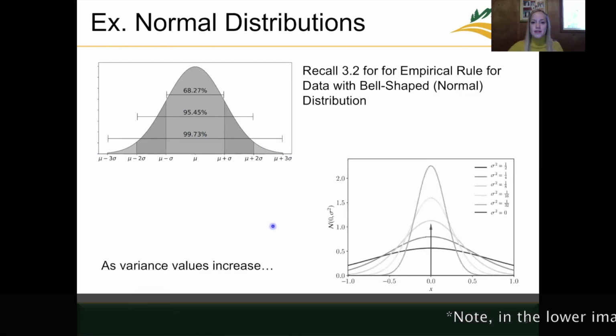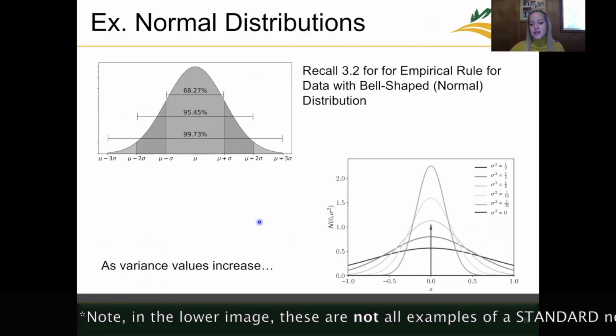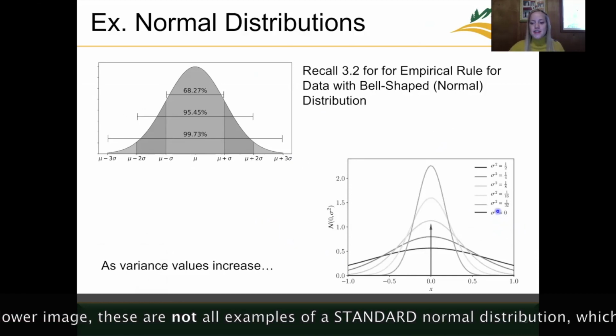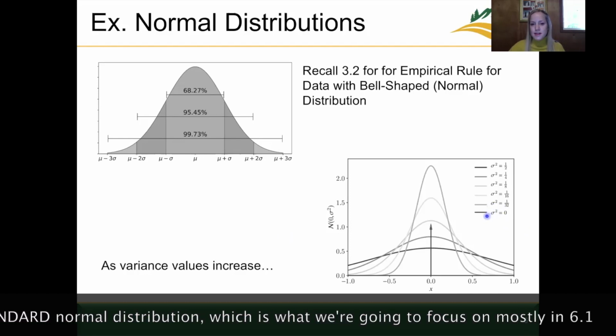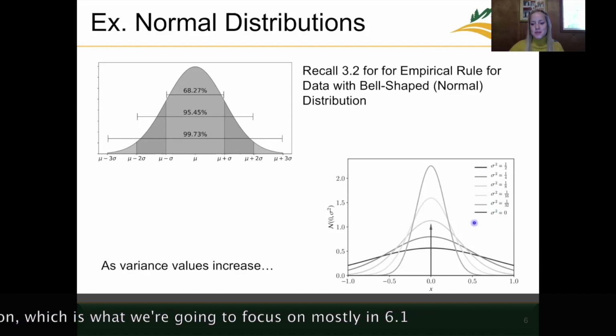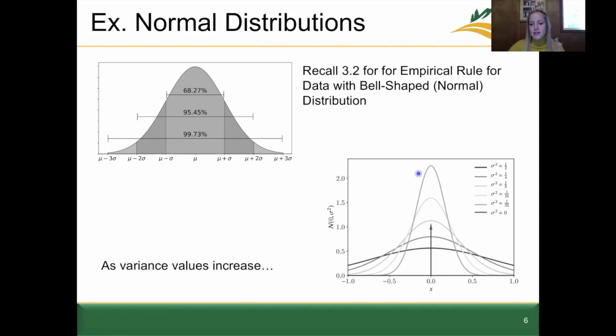Another interesting way to look at these normal distributions is to see the impact of the variance value. Remember that variance is sigma squared, so these are all variance values. It's difficult to tell here with this all in black and white, but the pattern here is that the smaller the variance value, the thinner the spread is of the curve.